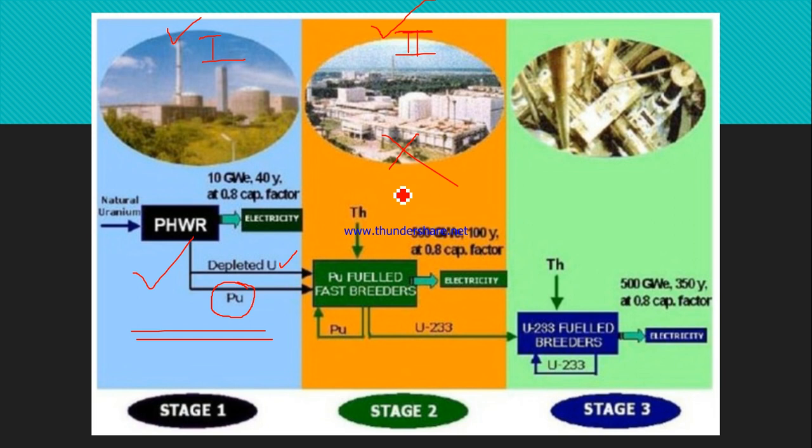We will use the kinetic energy of the fast neutrons to convert the fertile material to fissile material. Assume there is a blanket of thorium, and the fast neutron produced by the fission of plutonium is absorbed by thorium-232.